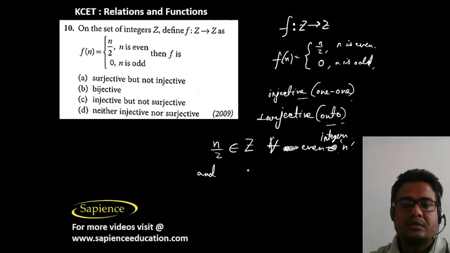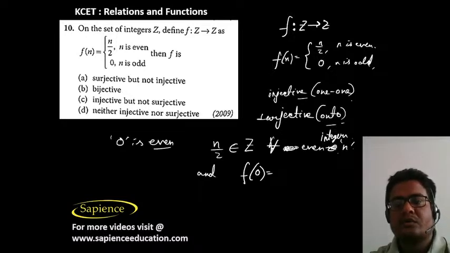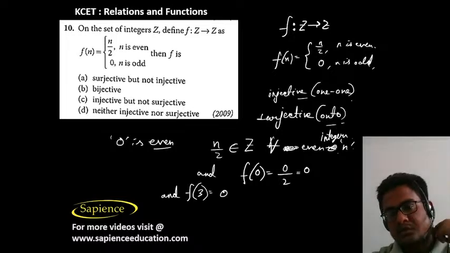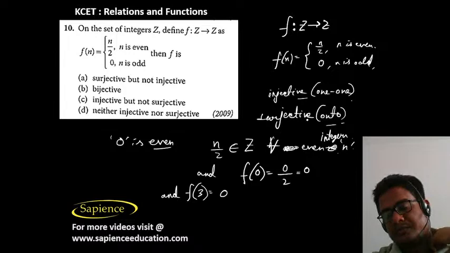So if f of 0, 0 is an even number, so f of 0 will be equal to 0 by 2, that will be equal to 0. And any other odd number if you take, suppose 3, f of 3 will be equal to 0, since 3 is an odd number.